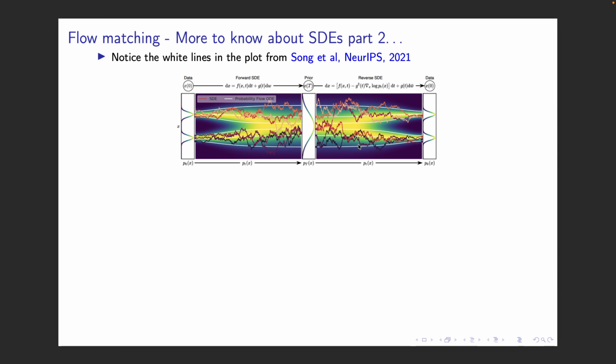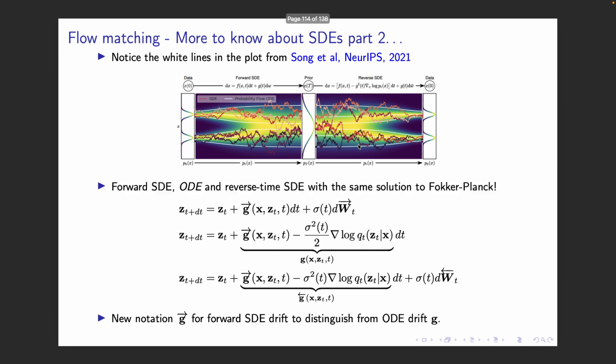Maybe you would not have guessed that if you just said, oh, a very noisy path, how can I find something deterministic equivalent to that? But that exists, and it's actually a very simple result in a way.